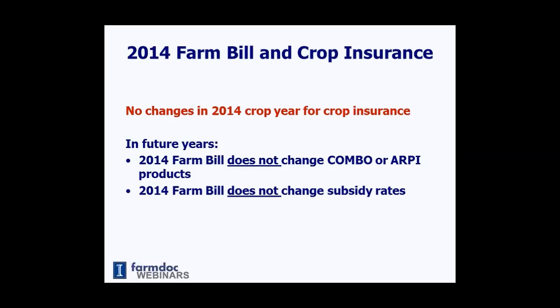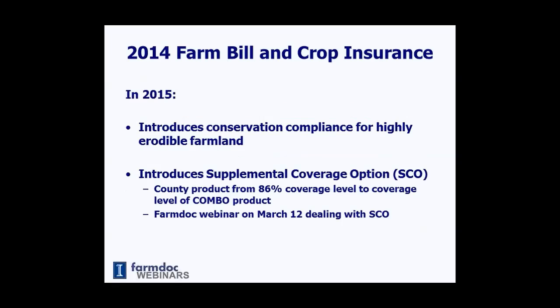So in essence, the Farm Bill did not do much to crop insurance, particularly in 2014. As we move on into 2015, there are two changes that the Farm Bill did do. One, it introduces conservation compliance.